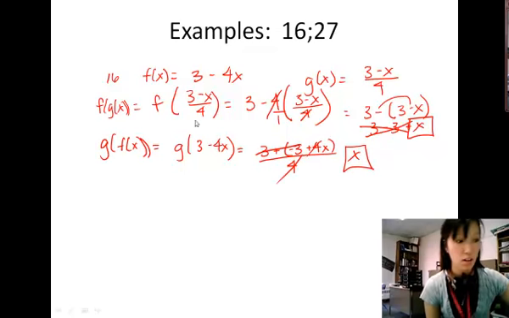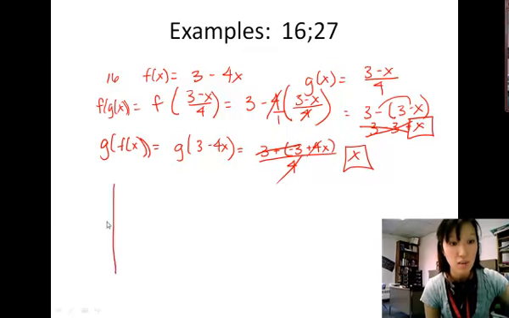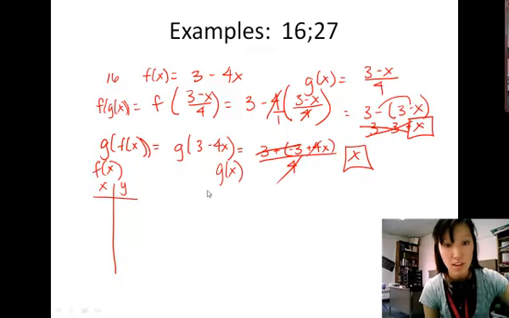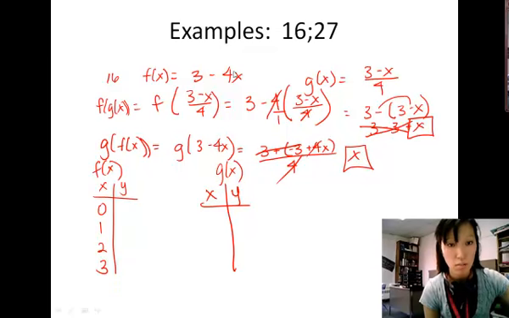x. Alright, if you want to, you can go ahead and do an XY table of these and see what happens. When you do your XY table for f of x, and then one for g of x, what should happen is you'll get opposite pairs. So if you plug in 0, 1, 2, 3, for f of x we would get 3, negative 1, negative 5, negative 9, because we have a slope of negative 4, so that's the rate of change.